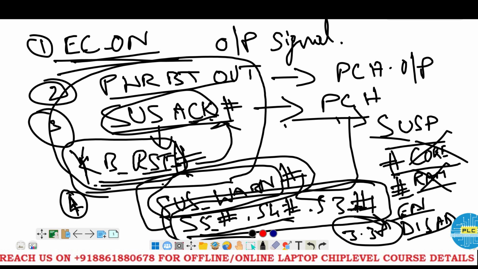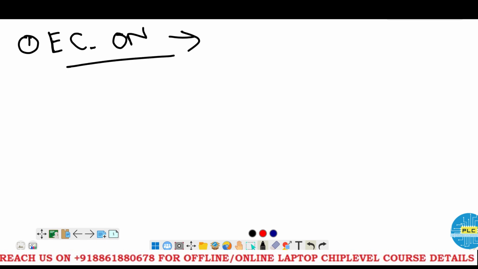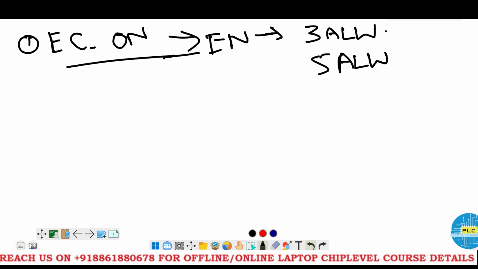If I tell more, you will definitely get confused. Now the first part is, what is that? EC on. Once we receive this voltage, we need to understand what it does. This is the enable signal to what? 3 volts always and 5 volts always.